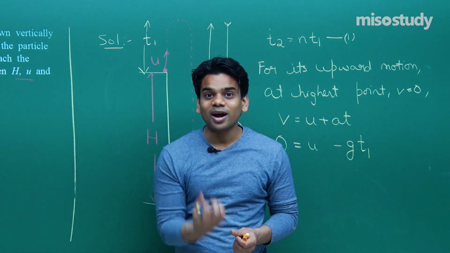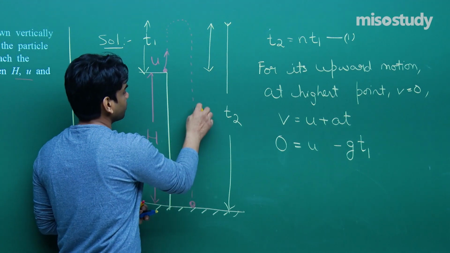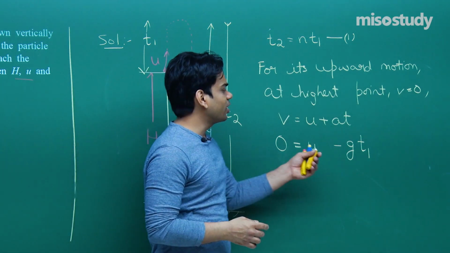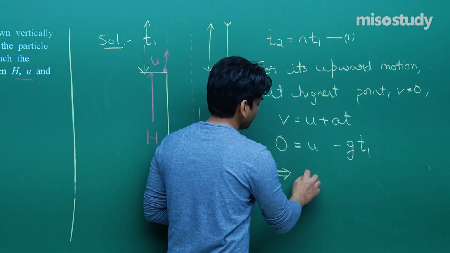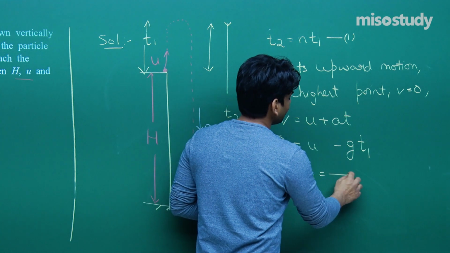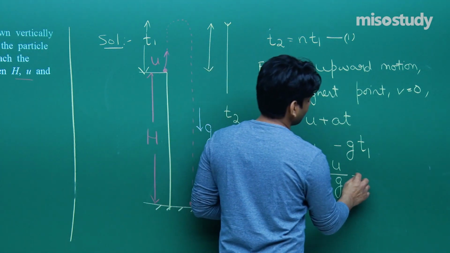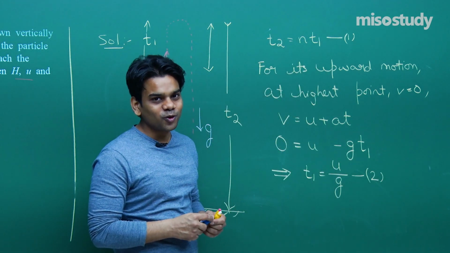Because acceleration due to gravity is acting in the downward direction, as shown here. Now from here, t1 will be equal to u by g, so let me write t1 is equal to u by g, and let me say that this is equation number 2. So we obtained the value of t1 in terms of u and g.